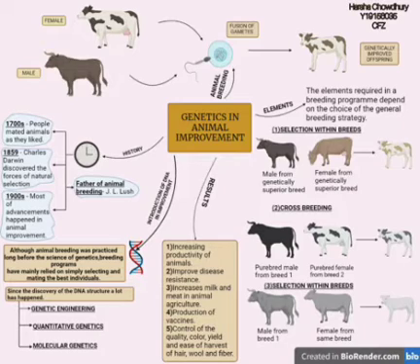Until 1953, scientists used statistics and presumed mechanisms to make predictions about inheritance. Nobody knew what exactly was the mechanism behind it. Since the discovery of the DNA structure, a lot has happened.